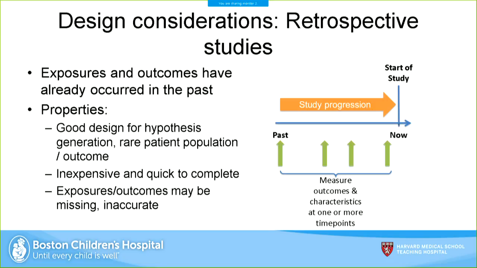This is a good design for generating hypotheses or when your patient population or outcome is rare, and it's going to take you a long time to collect many subjects with this certain outcome if you go in a prospective study. They're generally inexpensive and quick to complete. The downside is that the exposures or outcomes of your subjects may be missing or inaccurate.